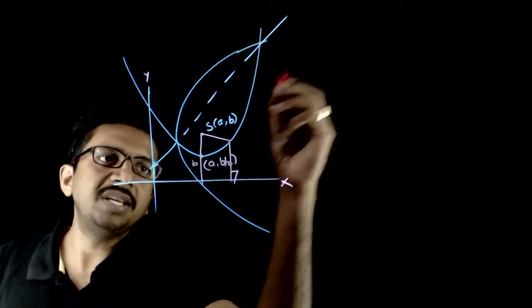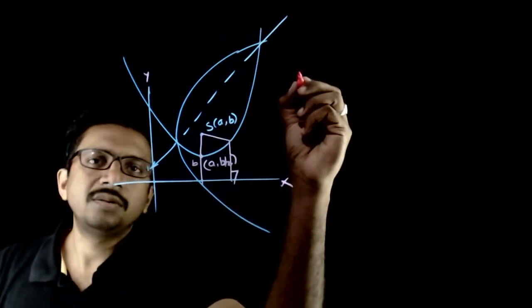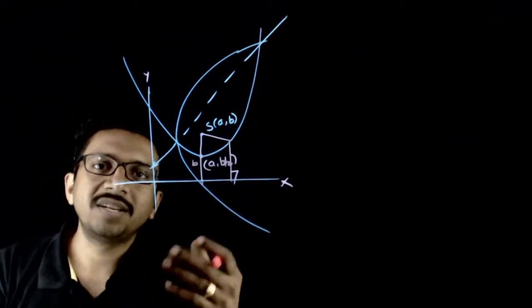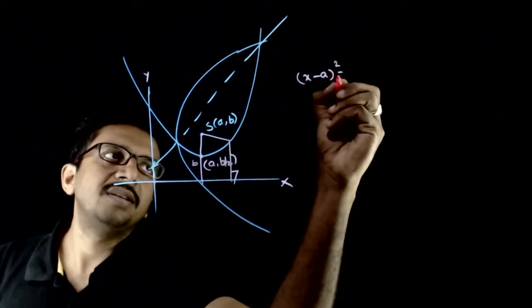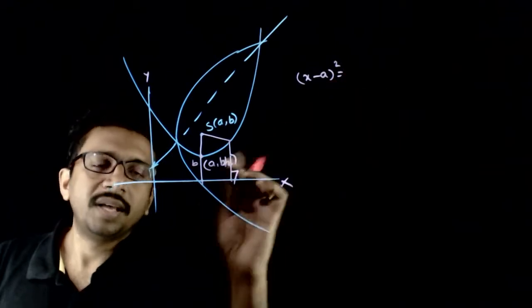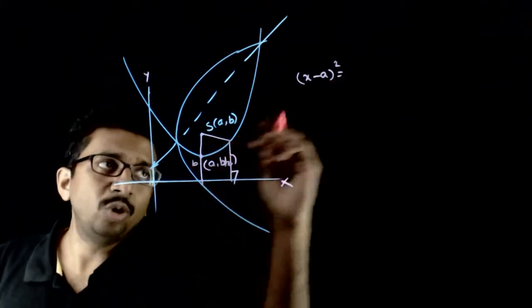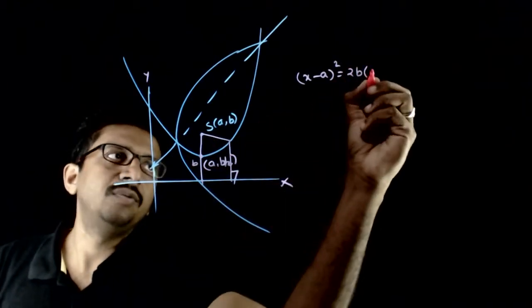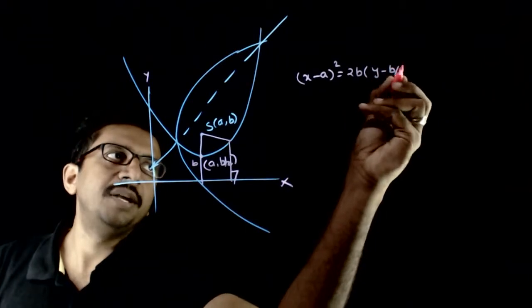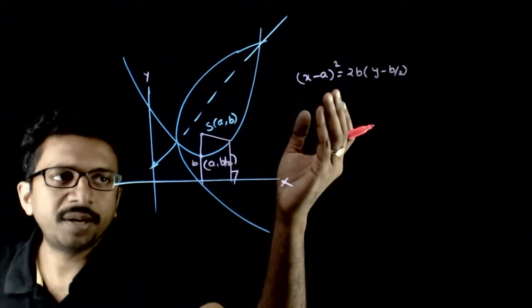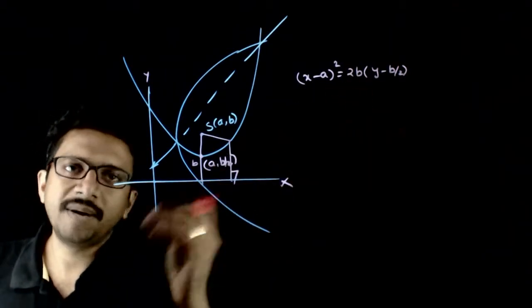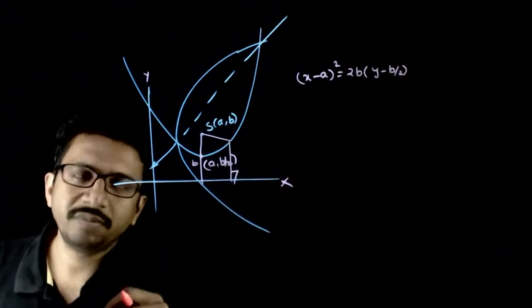This is a vertical parabola, so it will be of the form x squared equals 4ay. So (x minus a) whole squared is equal to the latus rectum, which is 2b, into (y minus b/2). So this is a vertical parabola with vertex (a, b/2) and latus rectum 2b.